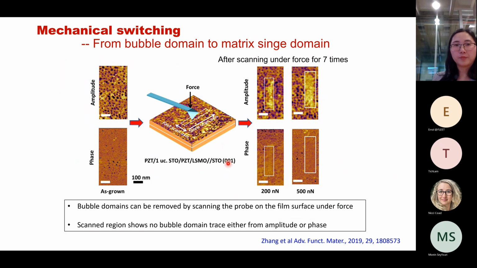Yeah, and then another is that mechanical force can change the domains from the large to the bubble domains. We can also use mechanical force to erase these domains, to clean them. If we develop a device, there's another additional way that we can clean these domains.